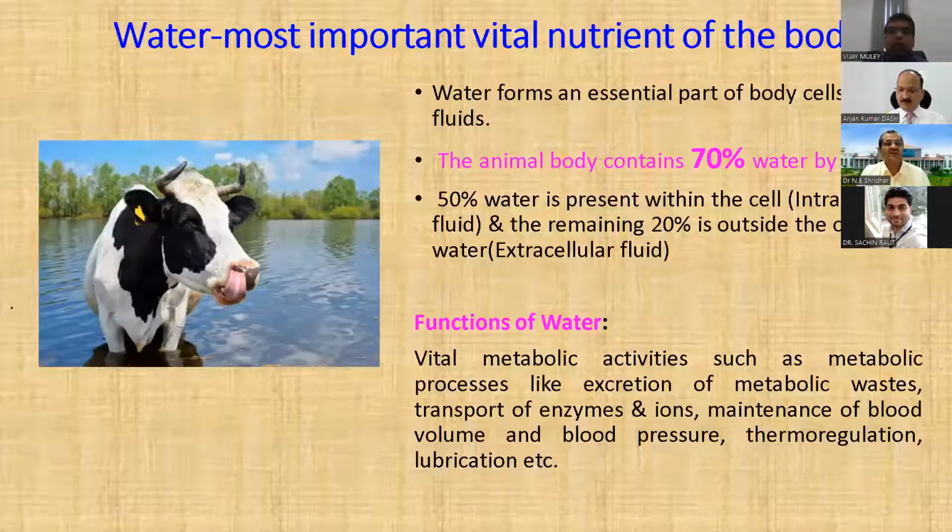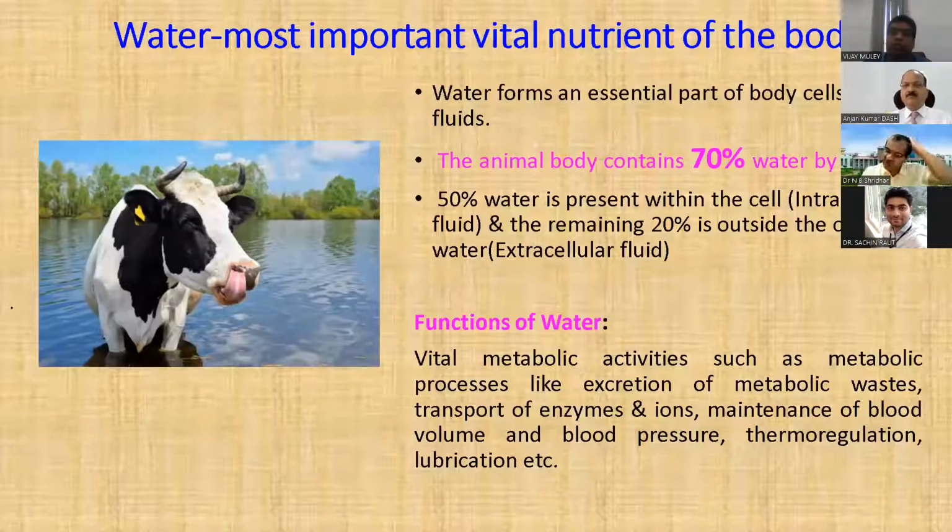Then water is one of the most important vital fluids of the body, and the animal body contains more than 70% water by weight. Suppose the animal is weighing 400 kg, then 280 kg is water.